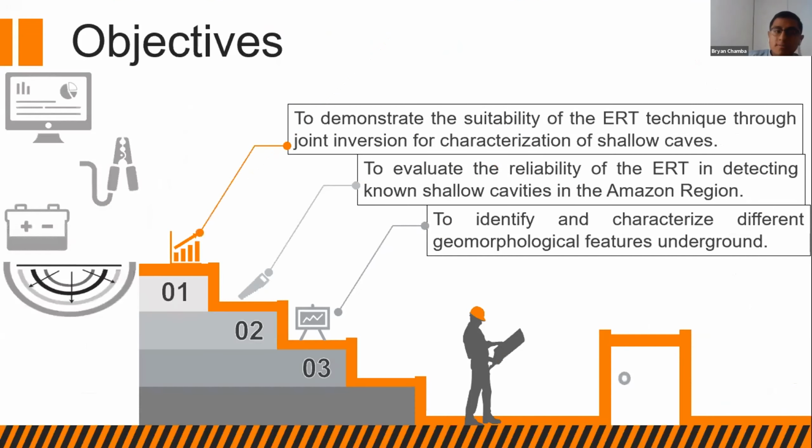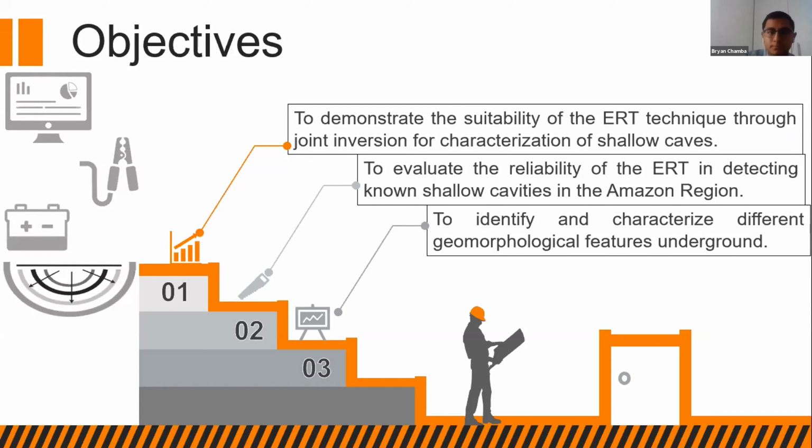So the objectives of this research were, first, to demonstrate the suitability of the electrical resistivity tomography technique through geode inversion for characterization of shallow caves. Second, to evaluate the reliability of the electrical resistivity tomography in detecting non-shallow cavities in the Amazon region. And finally, to identify and characterize different underground geomorphological features.